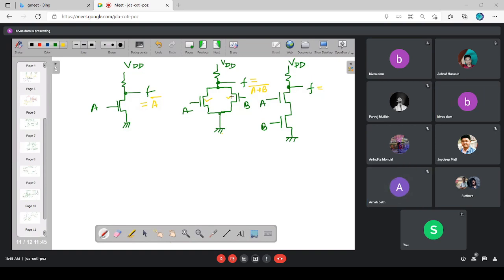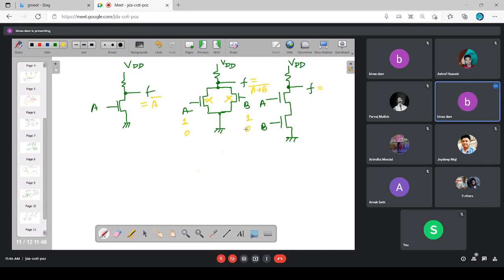That is possible if either A is 1, B is 1, or both are 1. For the output to be 1, both the switches must be off, and that is possible if both are 0. So when both the inputs are 0, you are getting output 1. Otherwise, the output is 0. So that is nothing but the NOR operation.